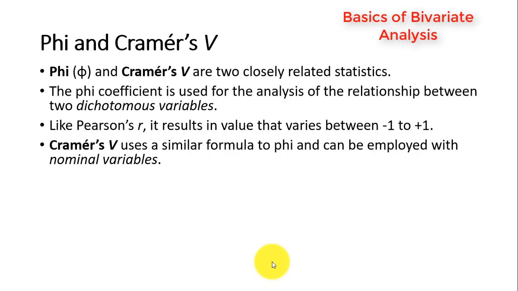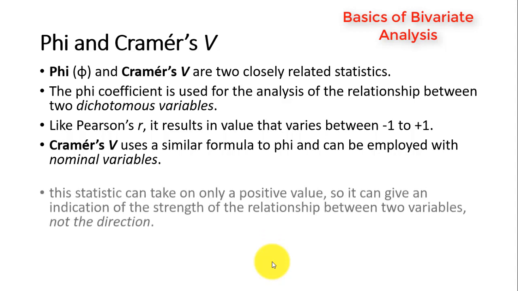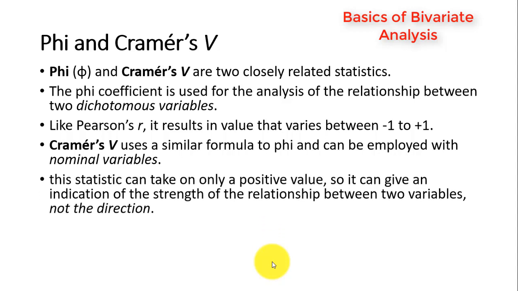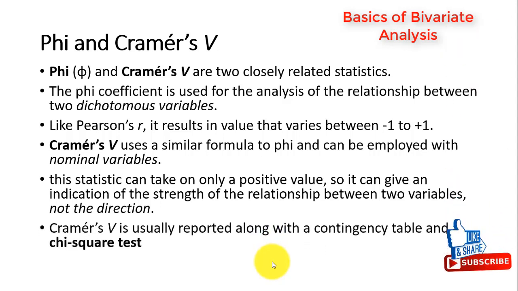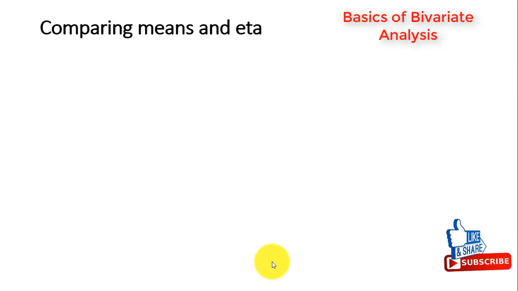Similarly, Cramer's V uses a formula similar to phi, but it can be employed with nominal variables. These statistics can take only a positive value, so they give an indication of the strength of the relationship between two variables and not the direction. Cramer's V is usually reported along with the contingency table and a chi-square test.